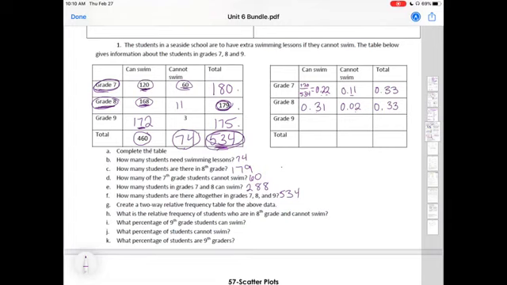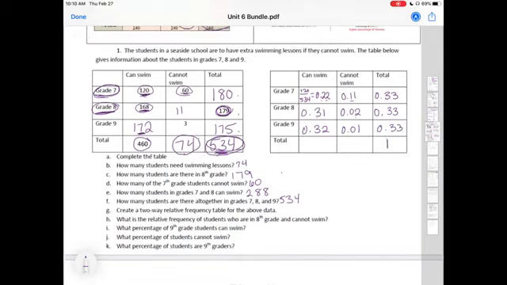172 divided by 534 is 0.32. 3 divided by 534 is 0.01. So 175 divided by 534 should give me 33. Notice 33 plus 33 plus 33 is 0.99. I need this to be a 1, so I'm going to have to adjust.